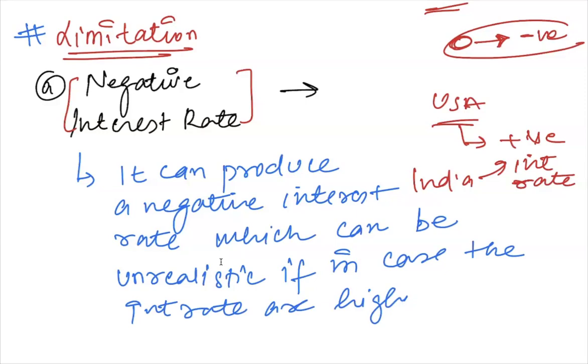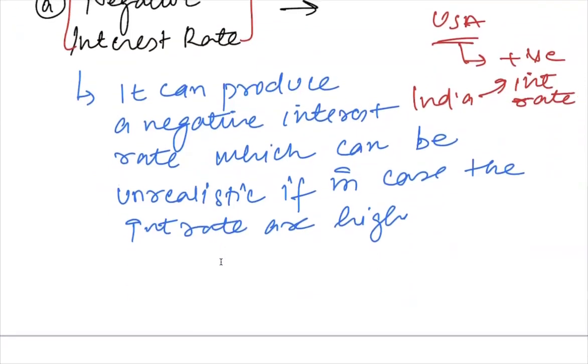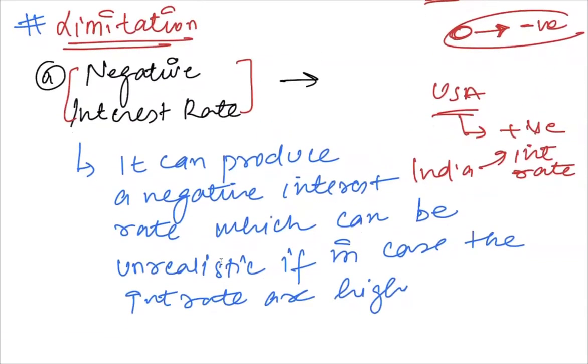So this is the first limitation: it can produce a negative interest rate.